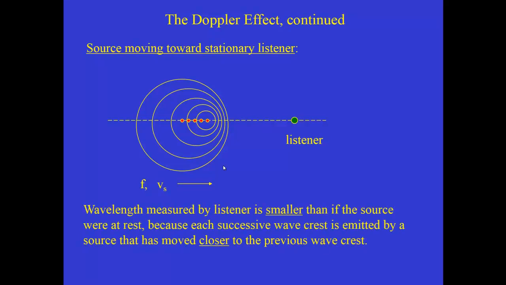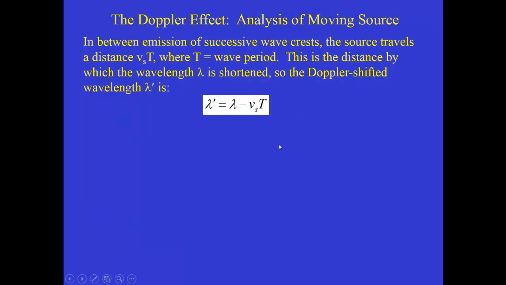And so the listener who's doing the measuring measures a shorter wavelength. And so we can describe how much that wavelength gets shorter by thinking about what is this extra distance that's traveled by the source from one moment to the next in between the different wave pulses being emitted. And that's a pretty straightforward thing to do.